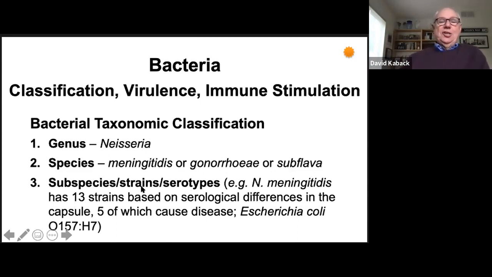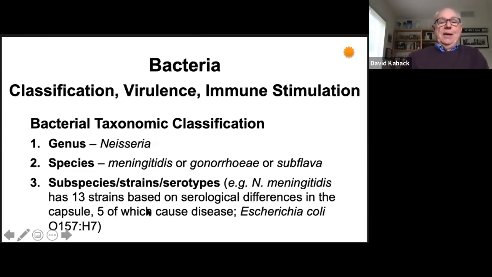But we actually now have, for every genus and species, many bacteria that have a number of subspecies. Sometimes these are called strains. Sometimes they're called serotypes if the identification is based on using a specific antibody that only reacts with one versus another kind of species, usually to the outer surface of that bacteria.